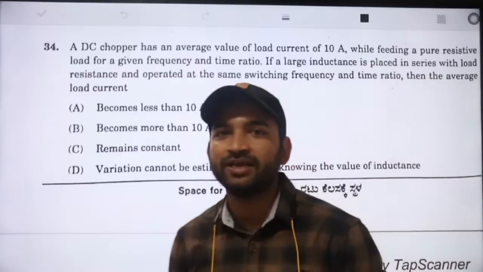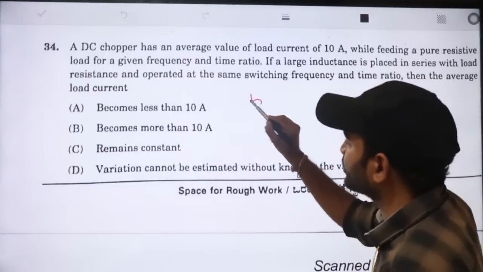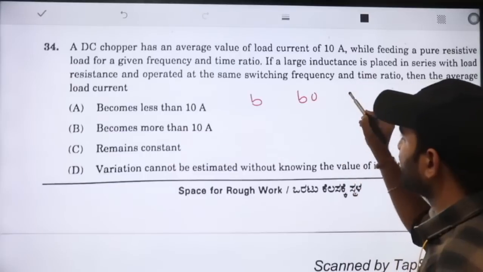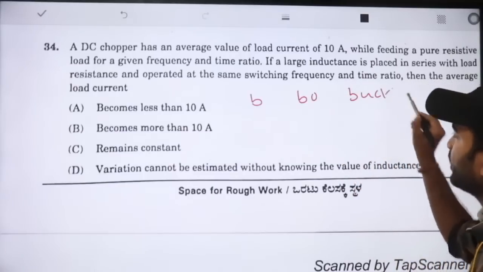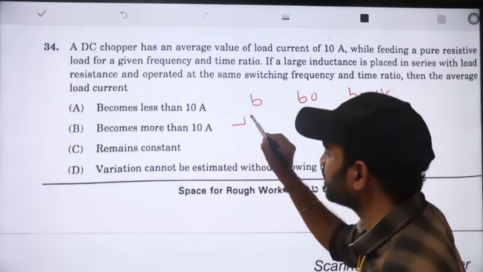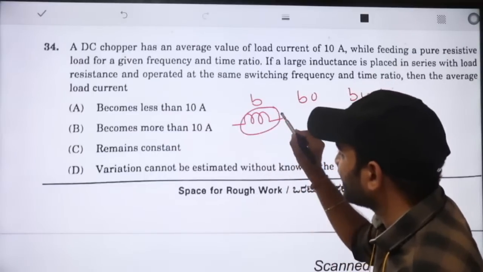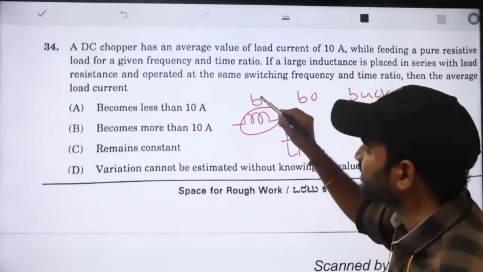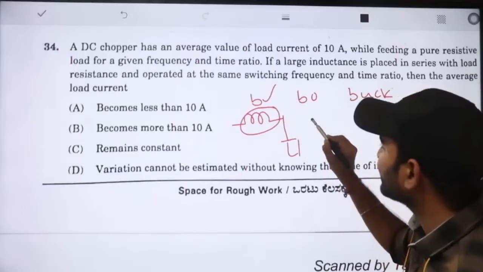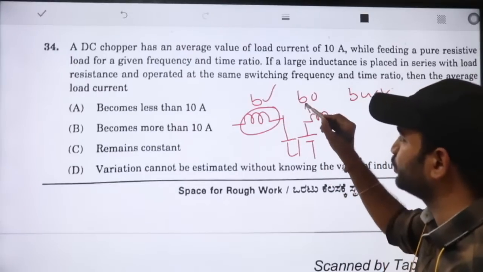While explaining the chopper circuits, I explained the buck chopper, boost chopper and buck boost chopper. In all three cases, I mentioned an inductor. Whenever the inductor is connected across the load circuit, that acts as a buck chopper. When the inductor is connected in series with the source, it acts as a boost chopper.